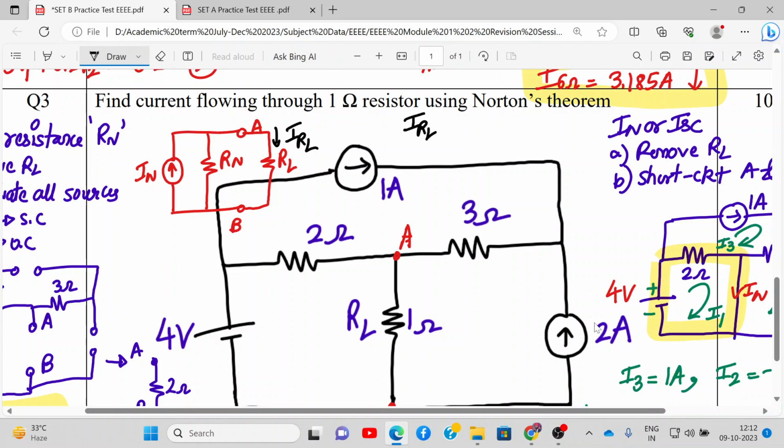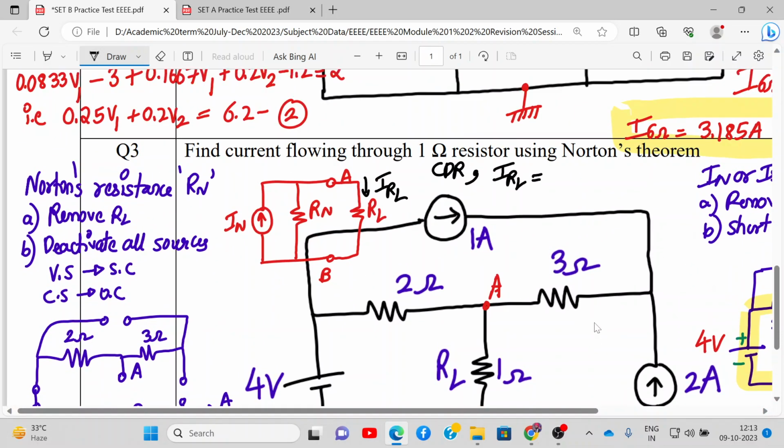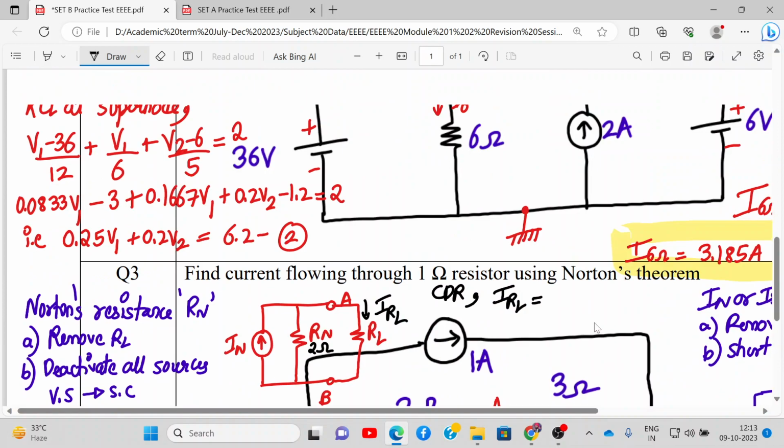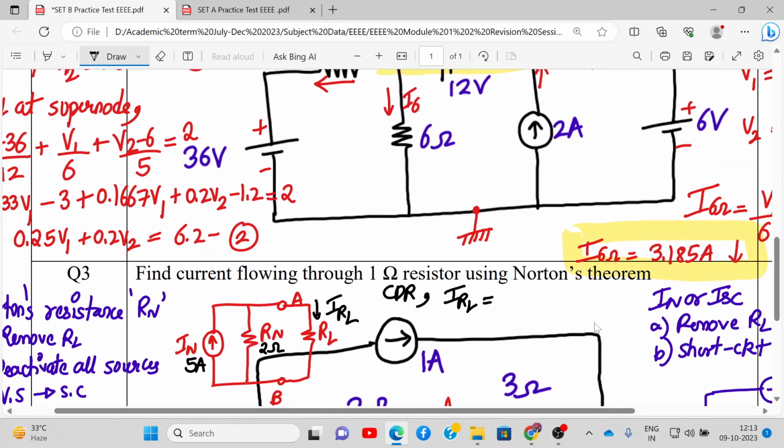IRL we can find using the current division rule, CDR. It says: other resistance, which is Rn, and Rn is 2 ohms, and IN is 5 amperes. So IRL will be the other resistance, 2 ohms, divided by the total resistance, 2 plus RL, which is 1 ohm, times 5 amperes.